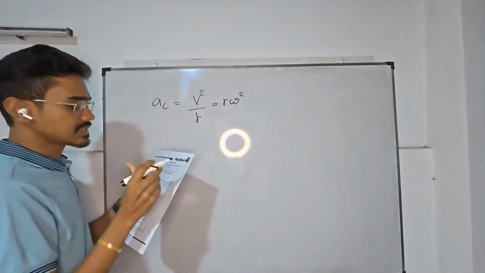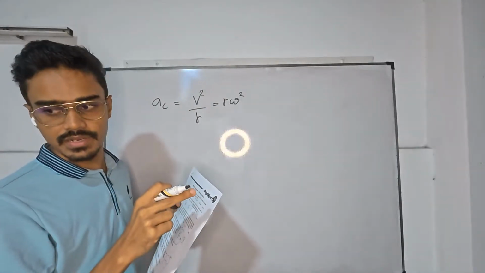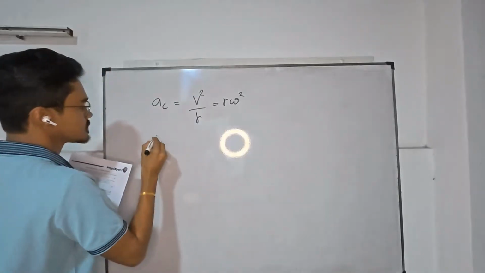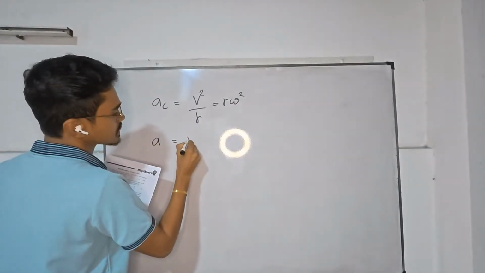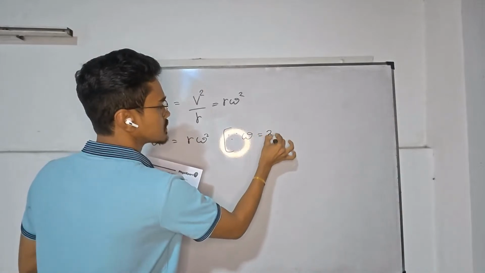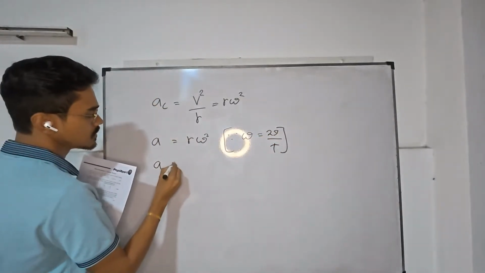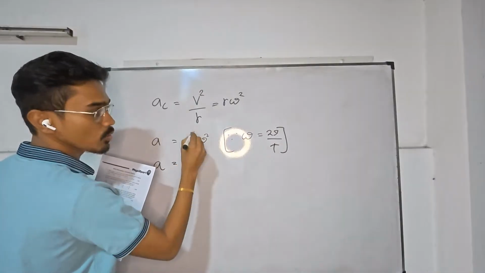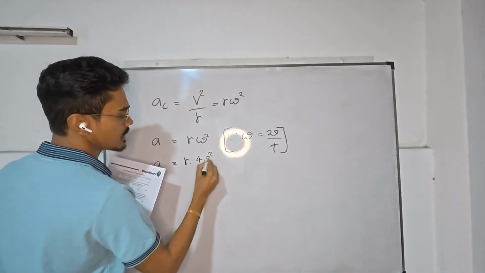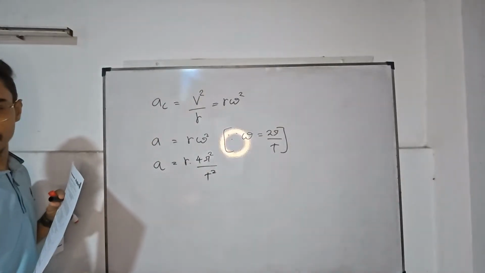Since period is given, we can go with the omega expression because period is inside omega. So from this, a equals r omega squared. But we know omega is 2 pi over T. Therefore, omega squared will be 4 pi squared over T squared.